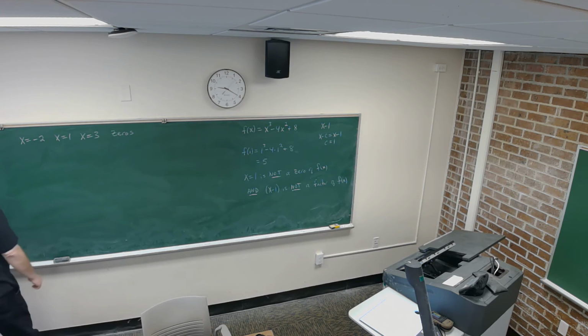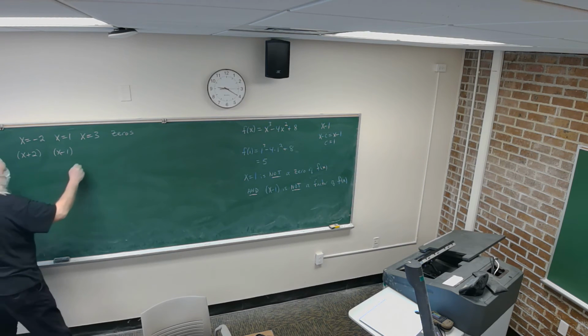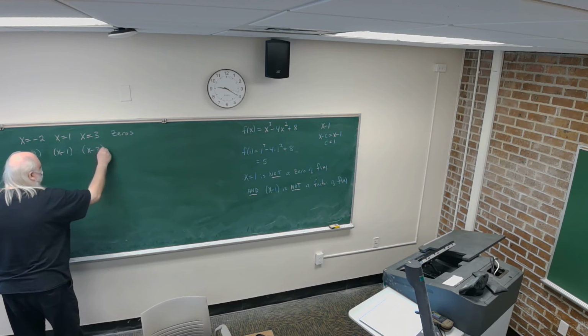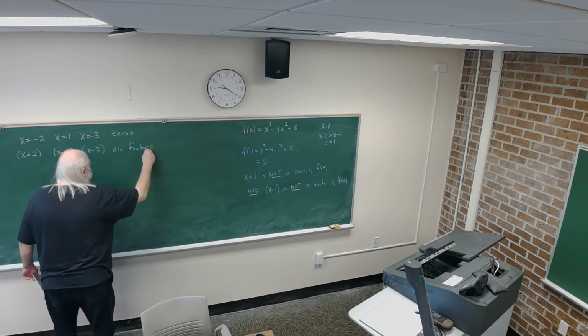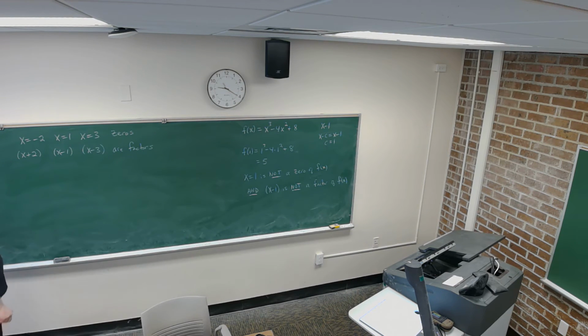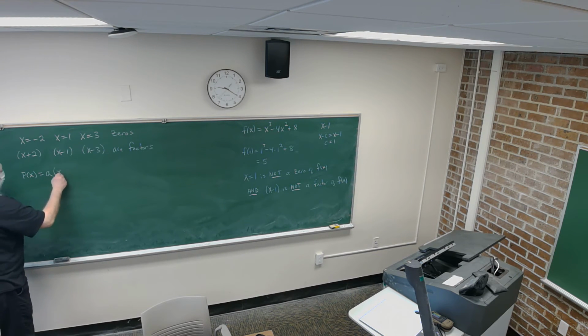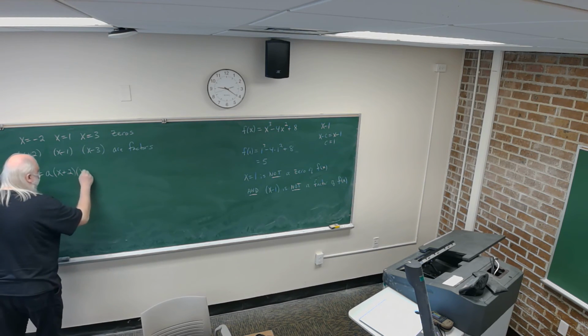And so the factors of our polynomial are x plus 2, x minus 1, and x minus 3. So our polynomial function p of x in factored form is equal to the leading coefficient a, I'm calling the leading coefficient a, times the three factors.